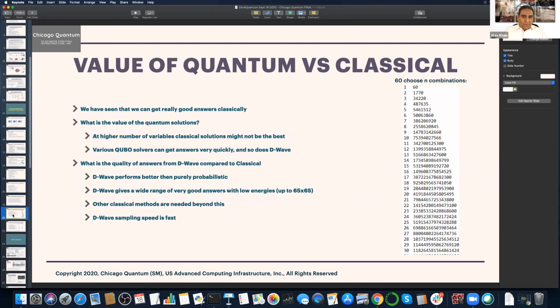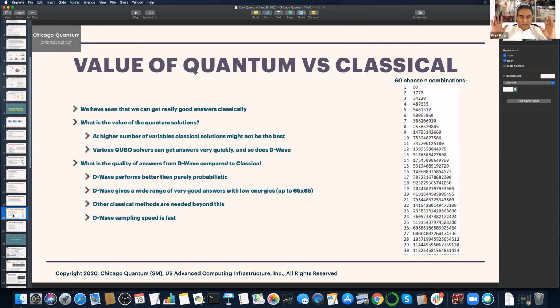So let's just think about when your problem is, let's say you've got 60 assets, which is a 60 by 60 matrix. On the right side, I'm showing the number of possible solutions for the number of asset portfolios that are in the answer.